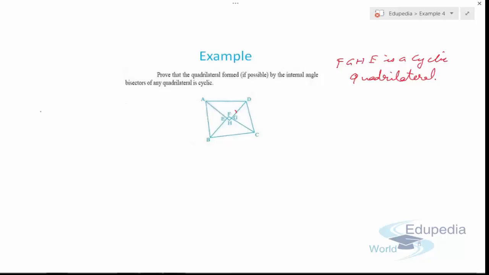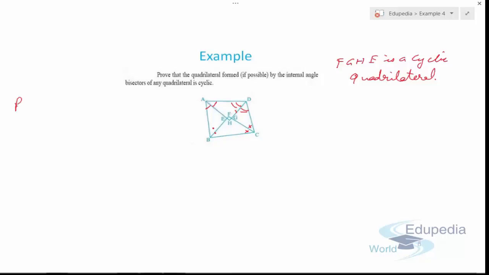Now it's given that this angle equals this angle, and this angle equals this angle, and so on, because they are all internal bisectors, right?